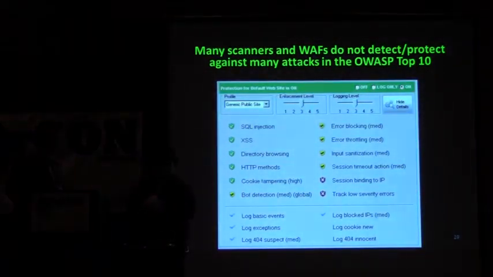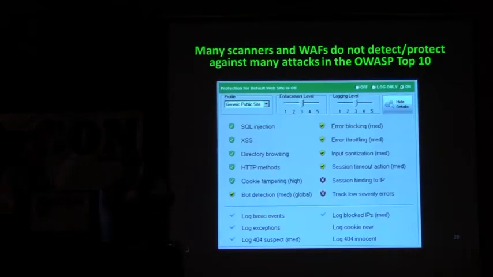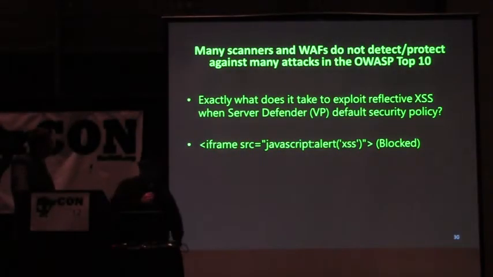All right, so there we go. There's the configuration I used. Out-of-the-box configuration. You see, it's going to block SQL injection and cross-site scripting and directory browsing and all types of fun stuff. So I'm like, all right, let's roll up our sleeves now. Here we go. First shot. It blocked it. Okay, iframe, source, JavaScript, alert, bingo.